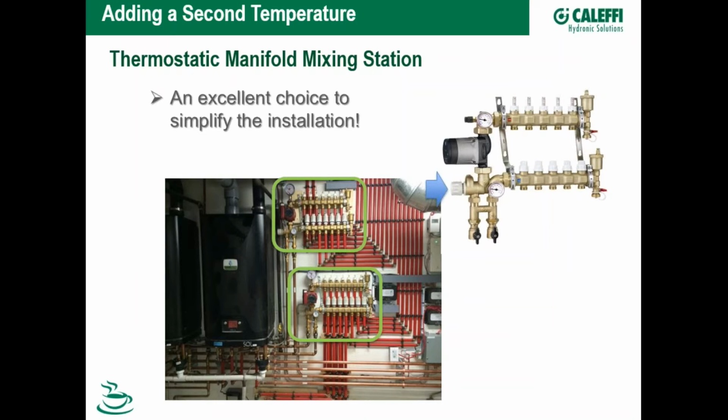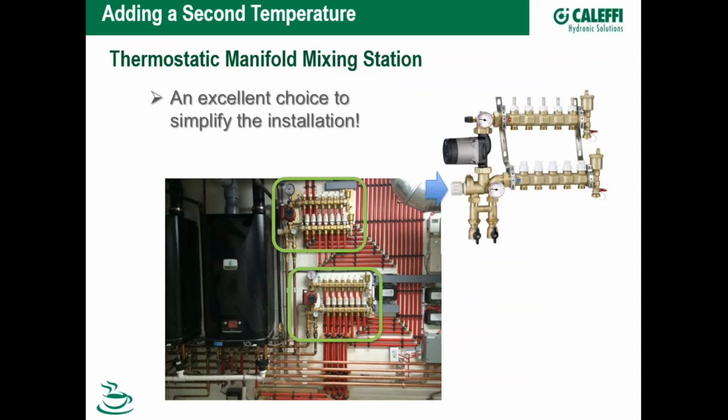It's a circulator. It can be a smart circulator. And it's my thermostatic mixing valve in a single package. So from an installation standpoint, I'm just bringing supply and return up into here, and then all of that other work is done, making the installation simpler and quicker with this thermostatic manifold mixing station.